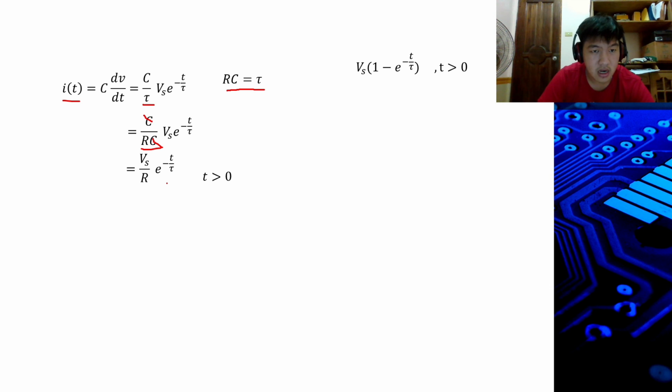So Vs over R e raised to negative t over tau when the time is greater than 0.